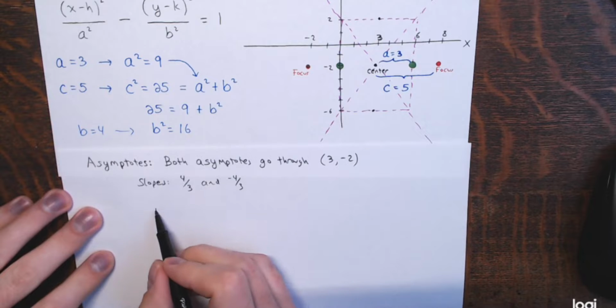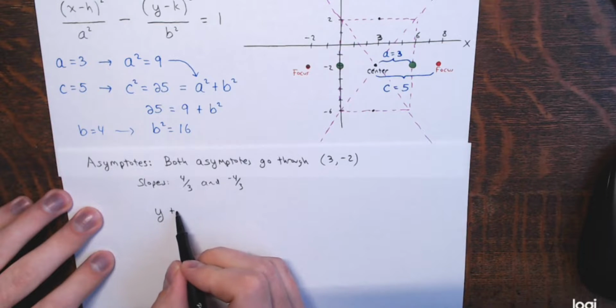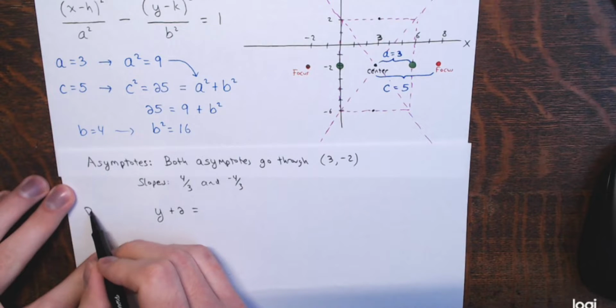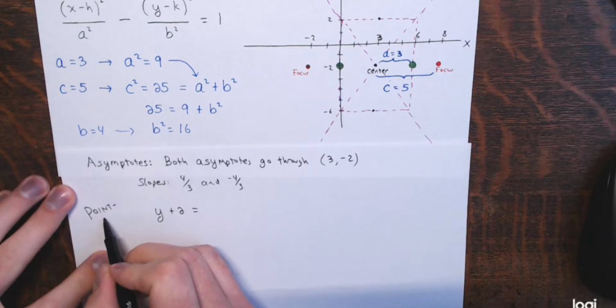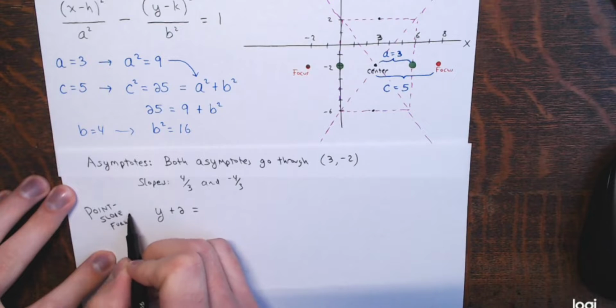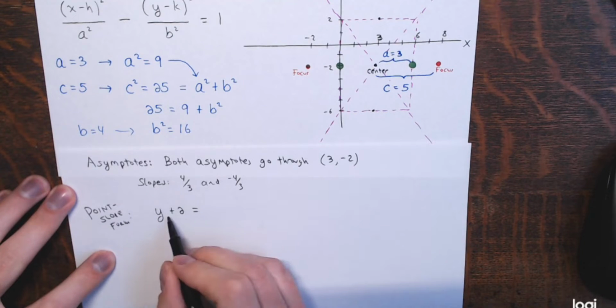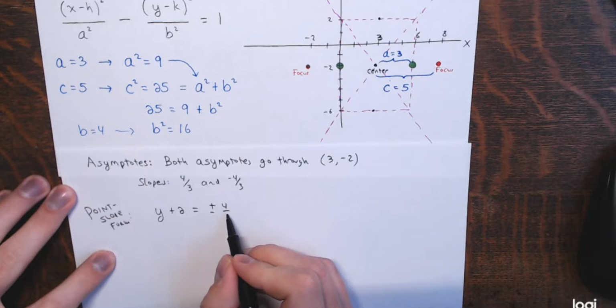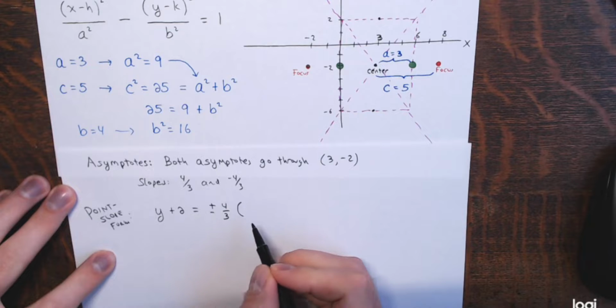Y minus negative 2, or y plus 2. I'm putting it in point slope form here. You should know what this form is. You should know how to write equations of lines in this form. But y minus negative 2, or y plus 2, equals the slopes, which will be, one will be plus, one will be minus, 4/3, times the quantity x minus 3.